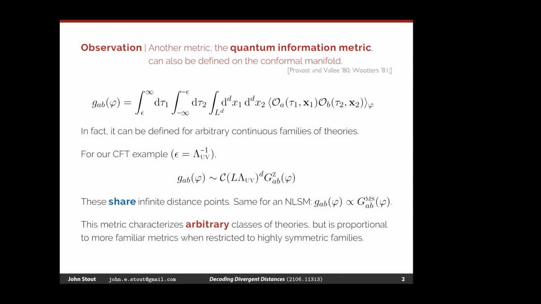So the nice thing about this information metric is it's a general quantity. It can be defined for arbitrary deformations in a family of quantum field theories, or quantum theories. But when I restrict it to more symmetric classes of theories, it reduces to these more familiar metrics.